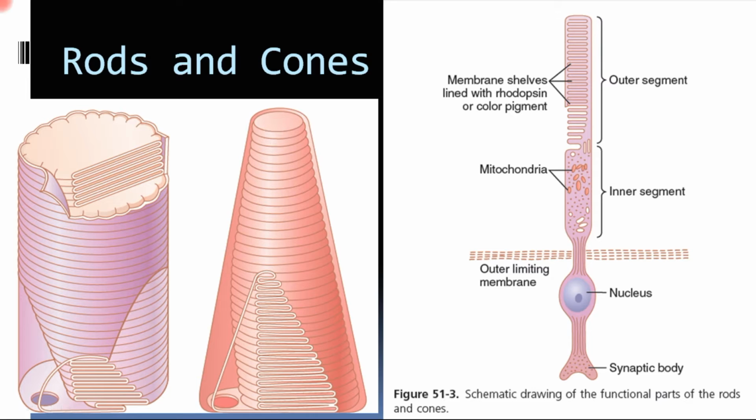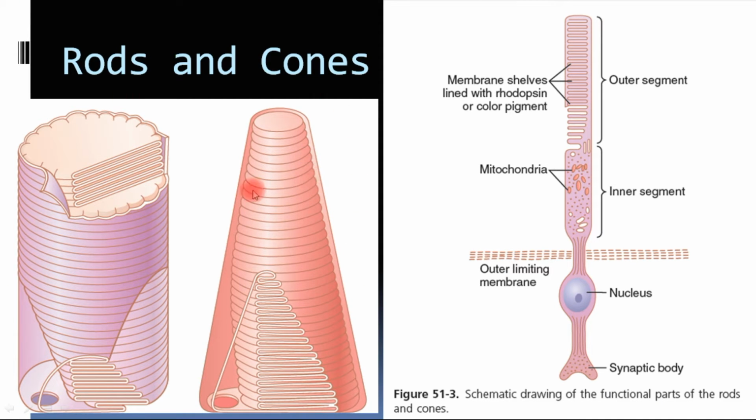But the cones can have an even smaller size, because the cones present in the foveal region are 1.5 micrometers in diameter, smaller compared to the cones on the periphery of the retina. So these are the general structures.